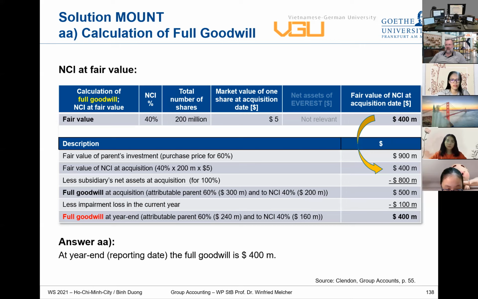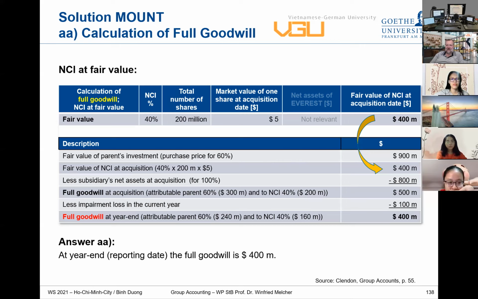All right, so we have the fair value of the non-controlling shareholders. So what is the value of the controlling shareholders? Well, there is a market transaction because the parent bought that 60% at the market price. That's what we assume.